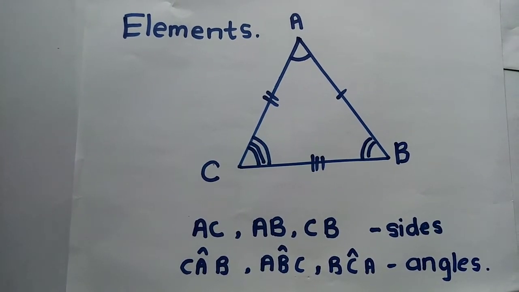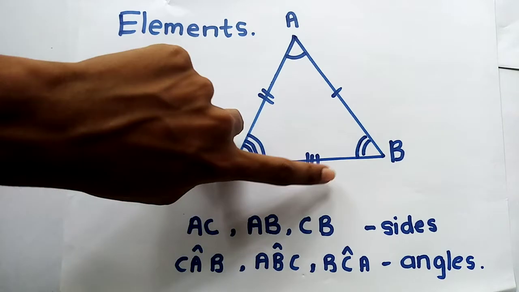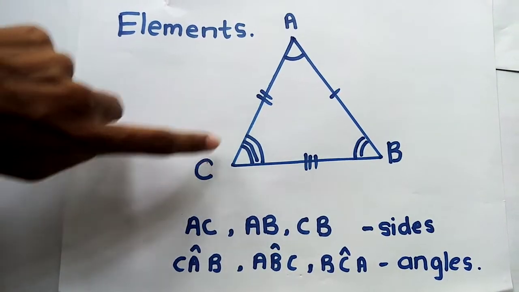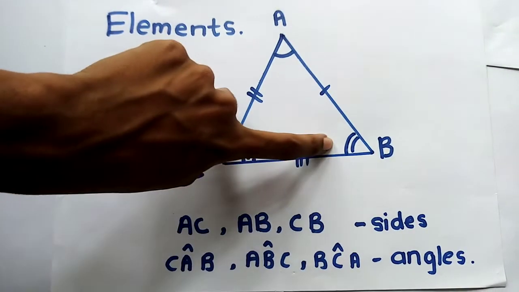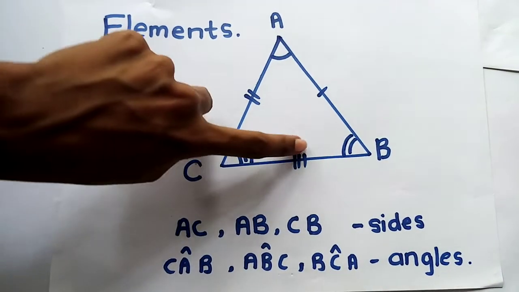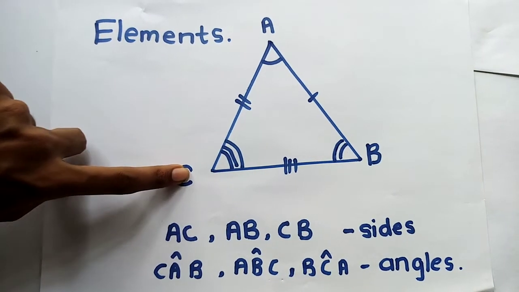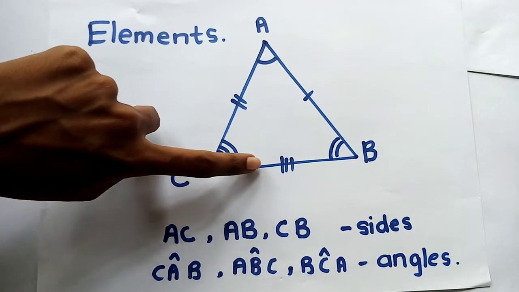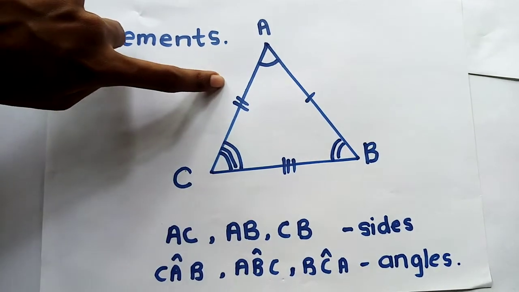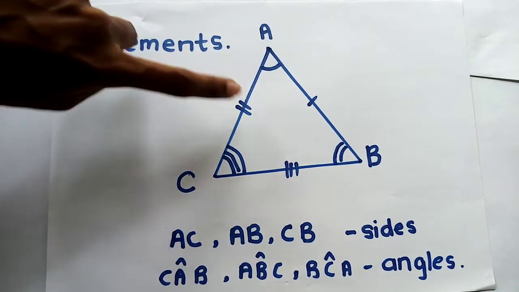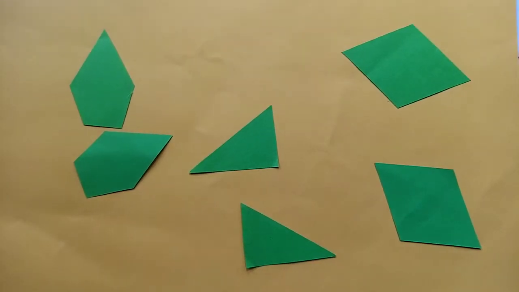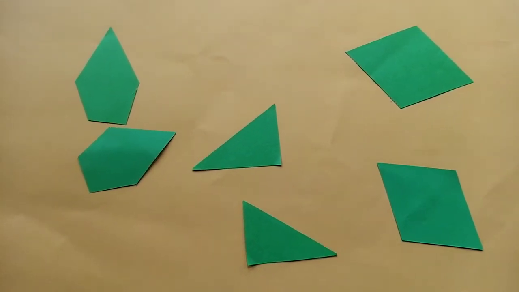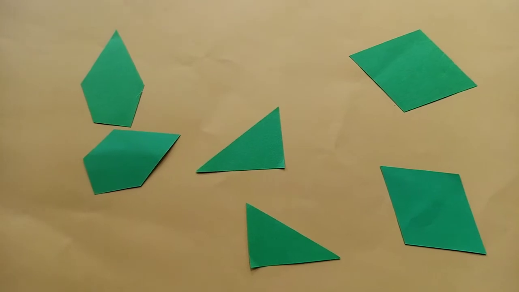So, in the given triangle ABC, angle CAB, that means this angle, angle ABC, that means this angle, angle ACB, that means this angle, and the sides AB, BC, and AC, all are elements of that rectilinear plane figure. Okay, now we know what rectilinear plane figures are. The following given things are also rectilinear plane figures.